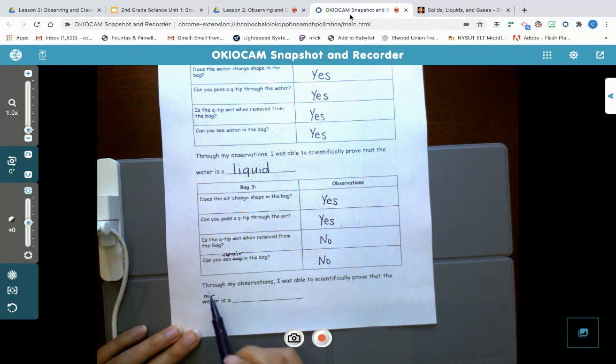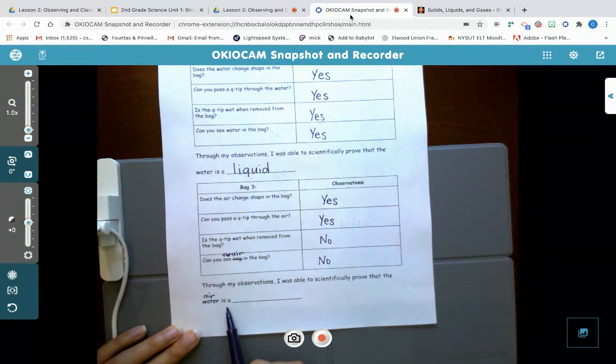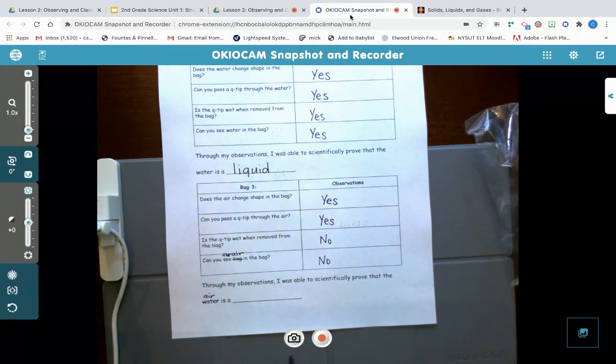I'll have to fix them. Anyway, so through my observations, I was able to scientifically prove that the air is a, fill in that blank, and then you're going to talk to somebody next to you about how you know what type of matter the air was. Ready, set, go.